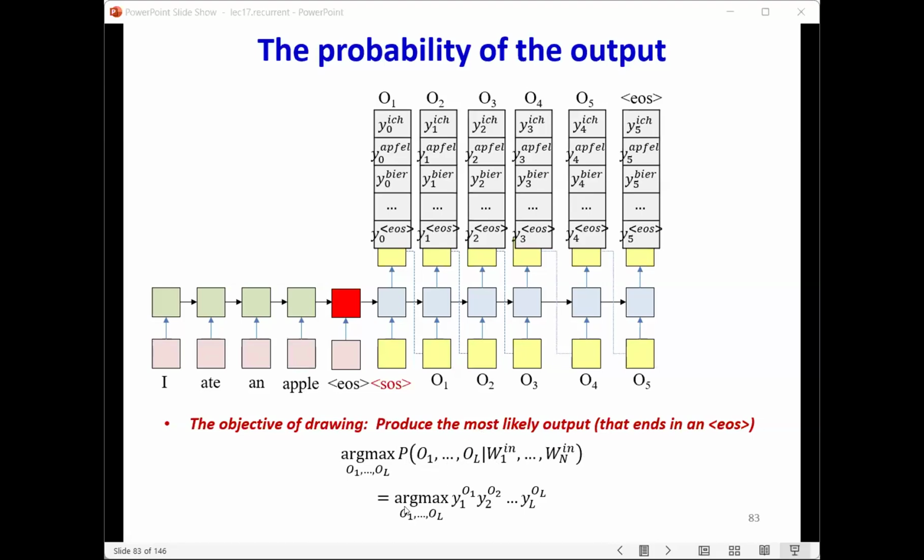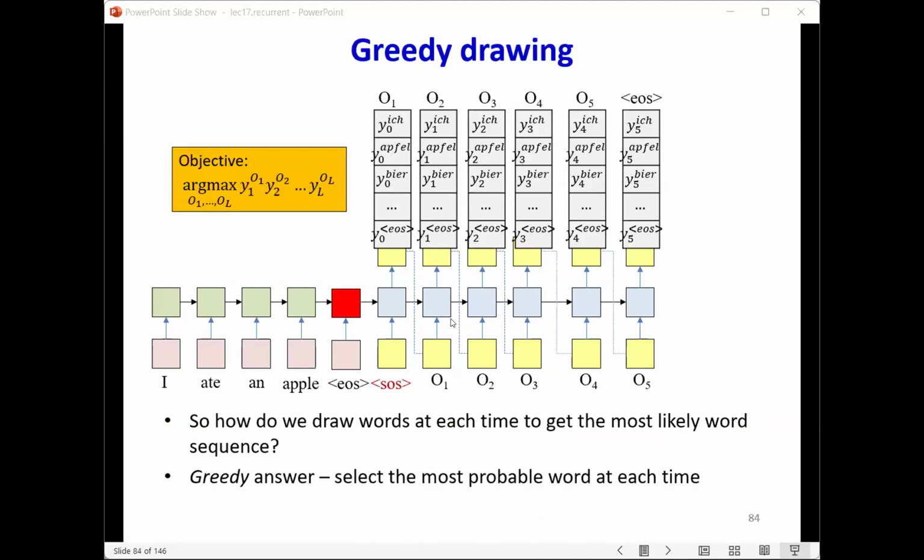In other words, you want to compute the symbol sequence O1 through OL such that the product of the probabilities assigned to O1 through OL is maximized. This making sense? Okay. And so this is the objective. So how do I draw words? Remember, the word that is drawn.